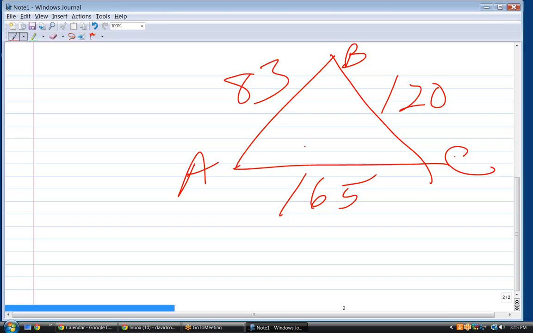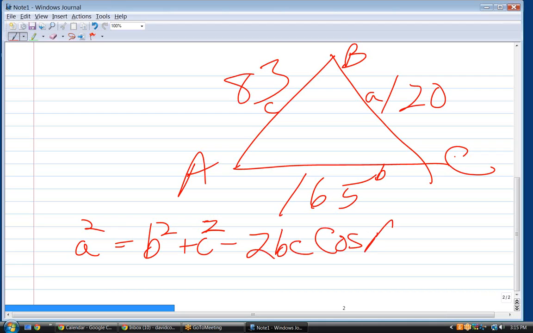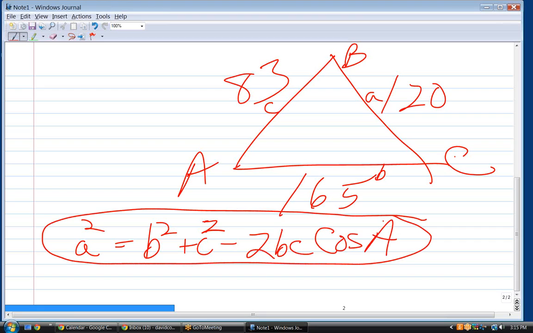So I can say three different things about this triangle. If I call that side A, and this side C, and this side B, then I can say that A squared equals B squared plus C squared minus 2BC cosine of A. This is the law of cosines.